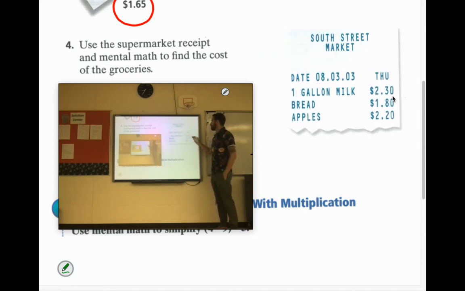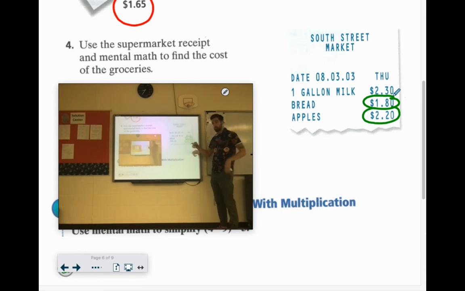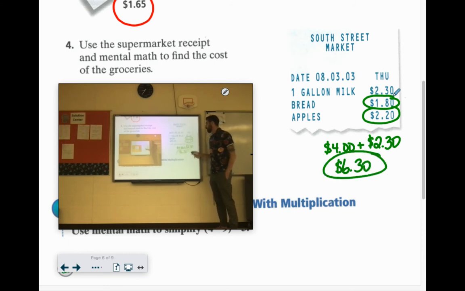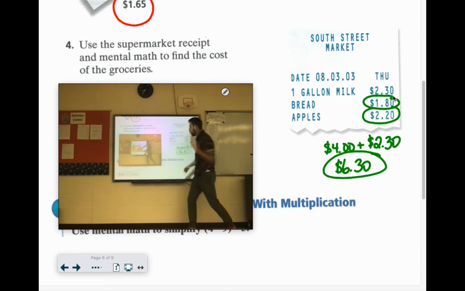So if I do $1.80 plus the $2.20, look, the $1 plus $2 will give me $3. 80 cents plus another 20 cents would give me another dollar. So this part comes out to $4. But we still need to add that milk, $2.30. $4 plus 2.30 gives us that 6.30. Yes!